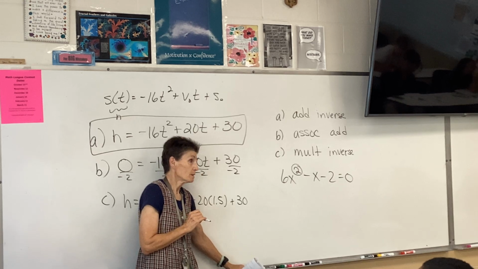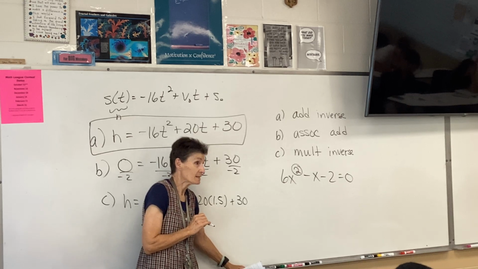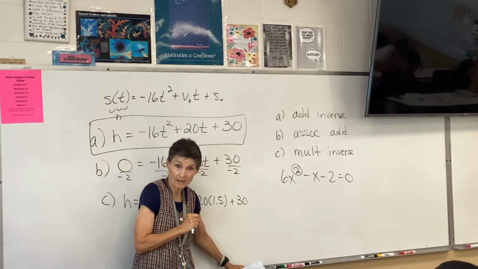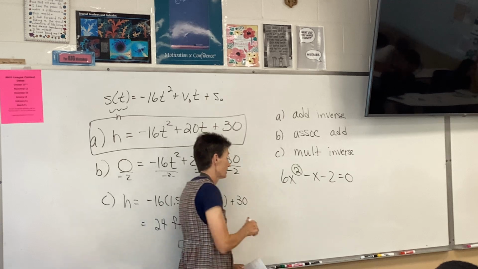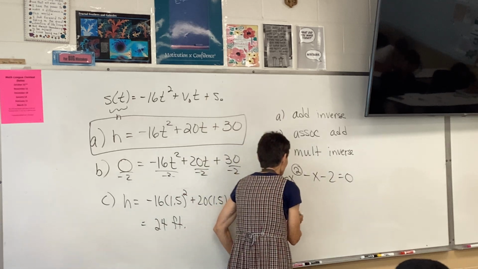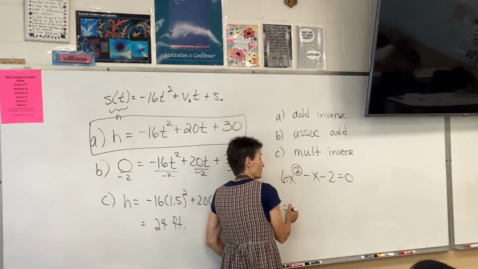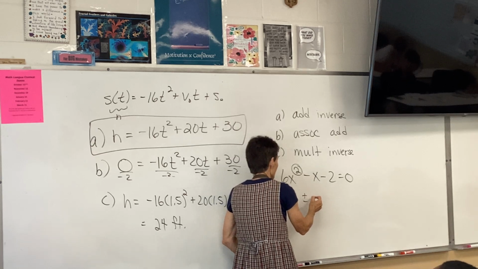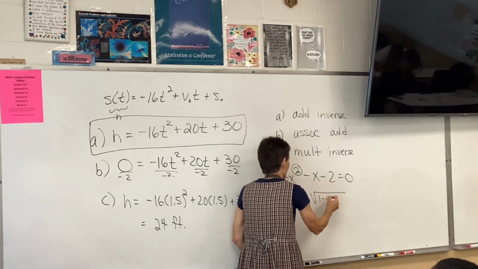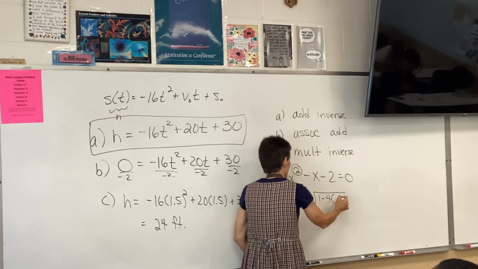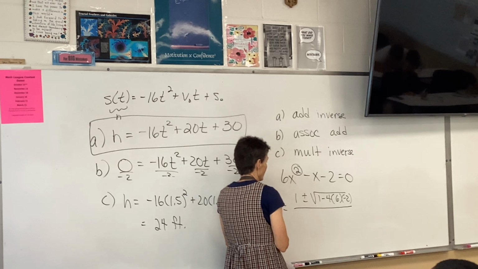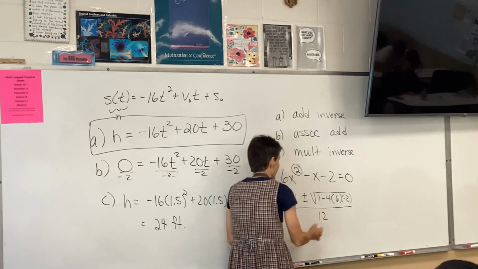Well, it's squared, which means it's a quadratic equation, which means I can always use the quadratic formula. So x equals, here we go, negative b plus or minus the square root of b squared minus 4ac all over 2a.